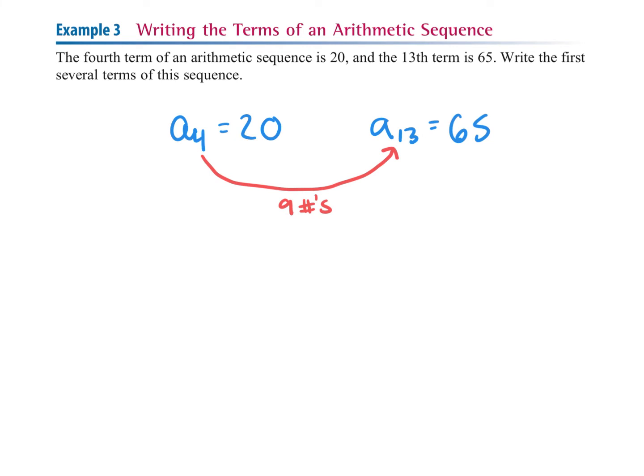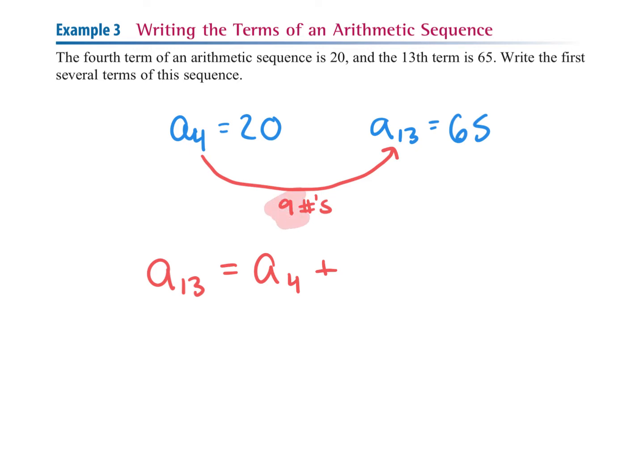Ideally we want to find out what our common difference is and use that to find what our first term is so we can come up with a formula. We are given a sub 13. We always start with the larger one. So a sub 13 is going to be equal to a sub 4 plus however many numbers we have from one number to the next.